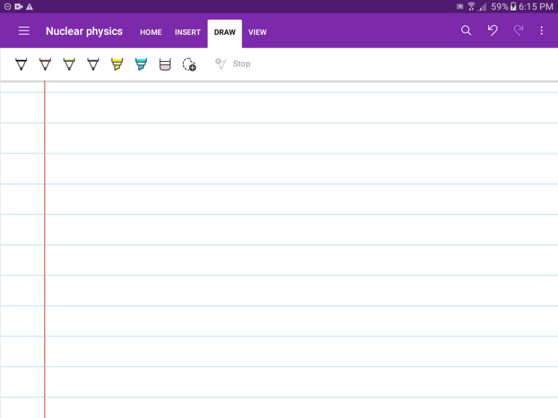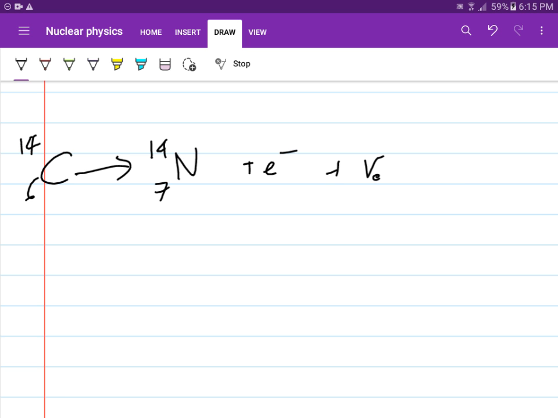So let's prepare an excited nucleus by a beta minus decay. For example, carbon 14, which has atomic number 6, decays, its nucleus decays into a nitrogen nucleus plus some electron and some antineutrino.